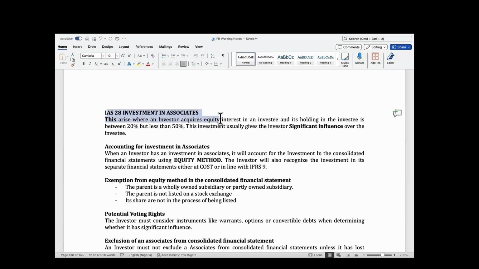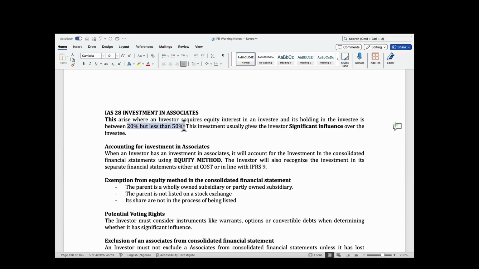I've already explained to you that investment in associates is a type of investment where an investor buys equity interest in an investee, and his holding in this investee is between 20% but less than 50%. I already explained that to you.